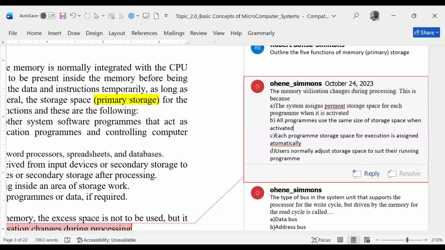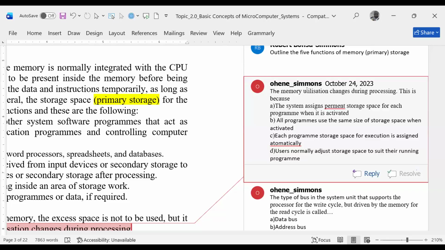The question provided is multiple choice, A, B, C, D. So give us the answer. Each program's storage space for execution is assigned automatically.